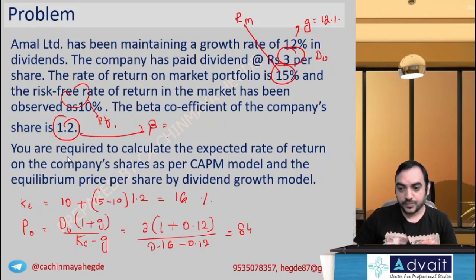Okay. You got P0 as 90. How? I don't know which calculator. In my calculator, 3 into 1.12 divided by 0.04 gives me 84.